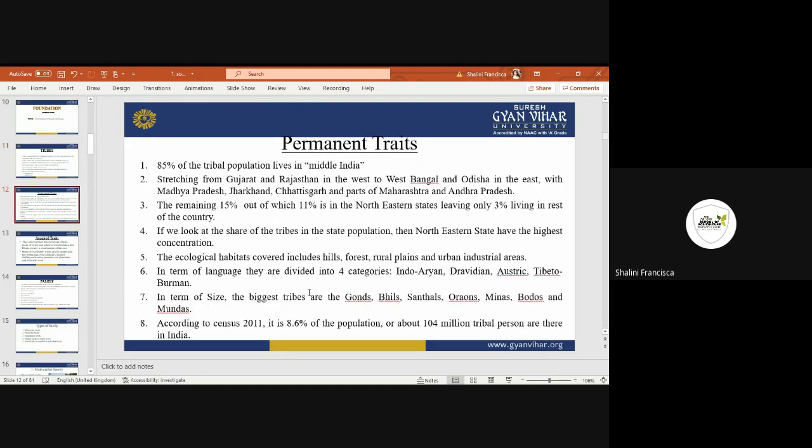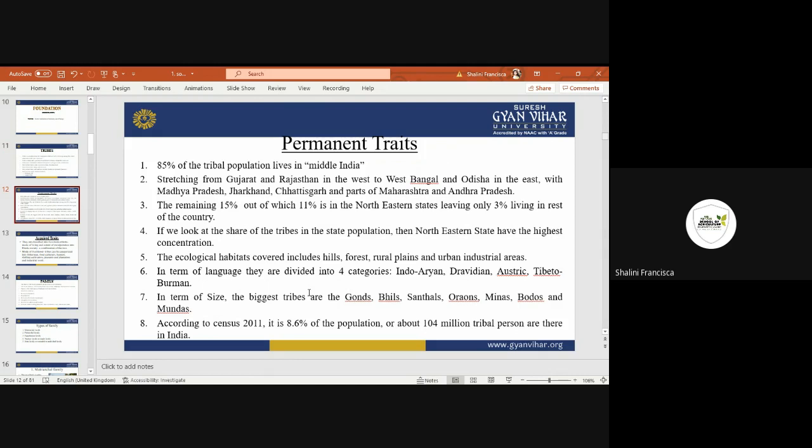So what does permanent trade mean? Here permanent trade means these people have been following their community procedure for thousands of years, and wherever they go they don't change those traditions or their procedures.